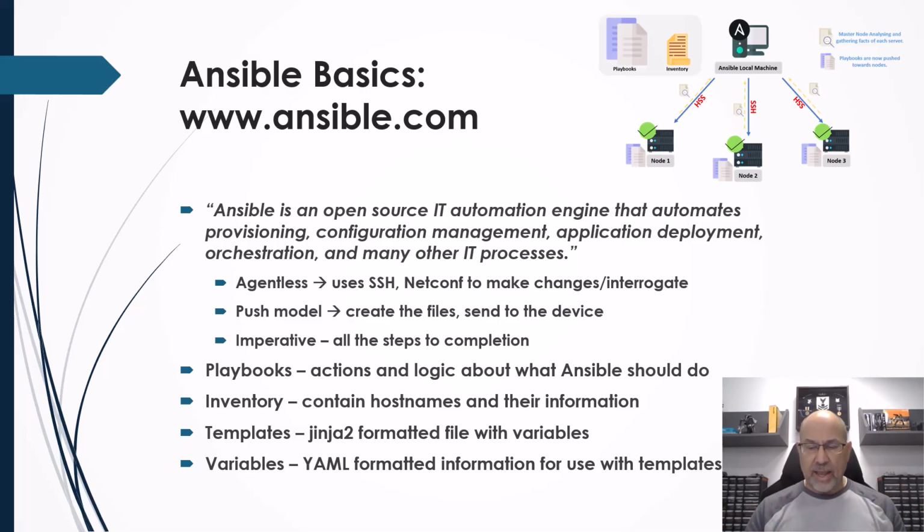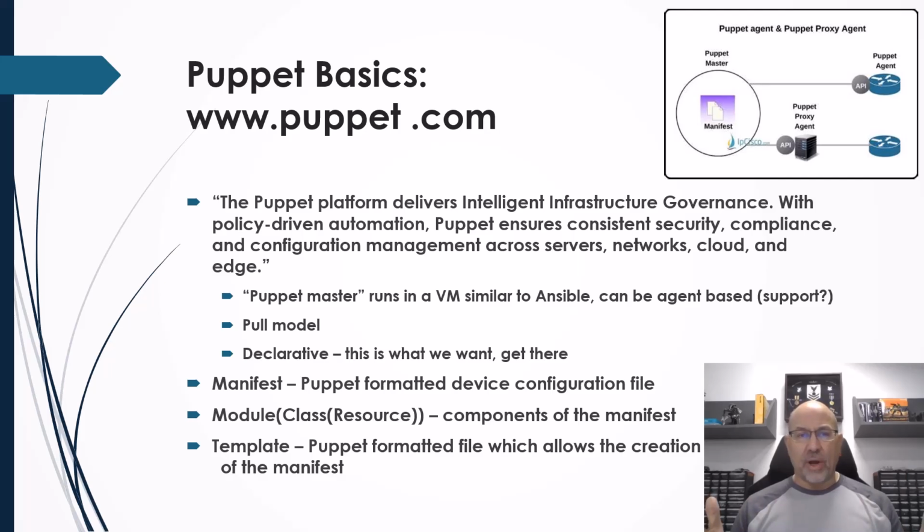So that's Ansible. So the definition from Puppet, right? Intelligent infrastructure governance. Okay, so it's all the same stuff that we want from a configuration management tool. The big difference here is that the Puppet Master is the one that's running the show, but this is a pull model.